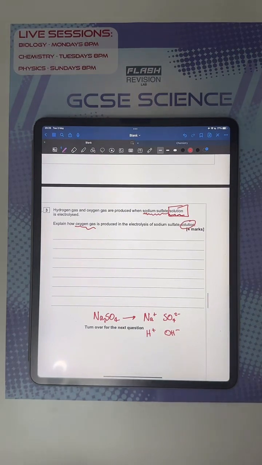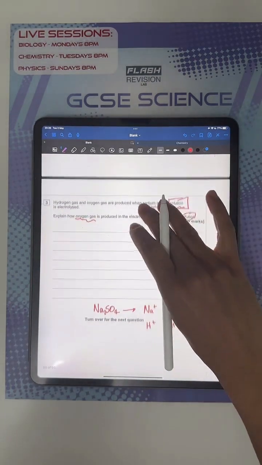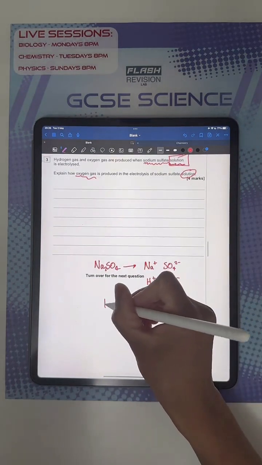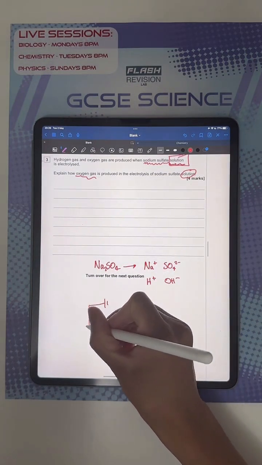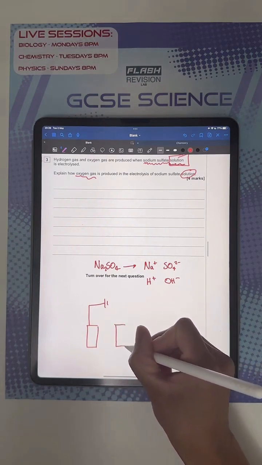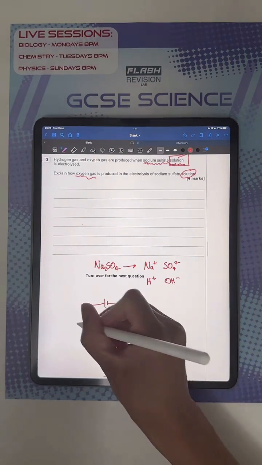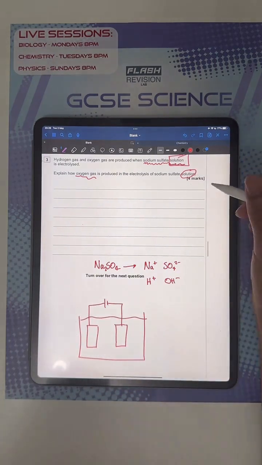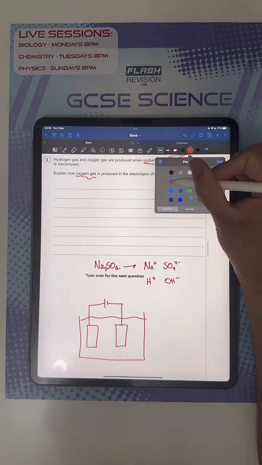Yes. You got to figure out whether it's a halide ion or not. Okay, so remember what we said. We have our two electrodes. In our previous diagram, we only had 2 ions.